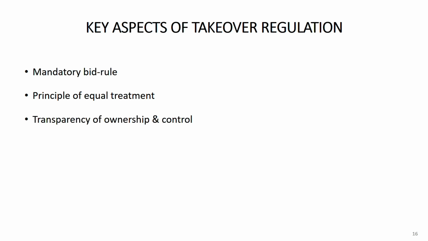Third, transparency of ownership and control. This video might get long. It might get up to 2 hours, but it's important. I'm covering all the important points. I'm sorry I cannot make it shorter. I'm spending more time on each so that the concept becomes easier. Otherwise, I could just give you the points and say go and study from a textbook. But I know this is the last moment, and I don't want to pressurize you.